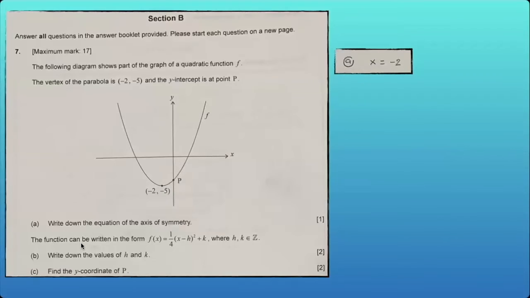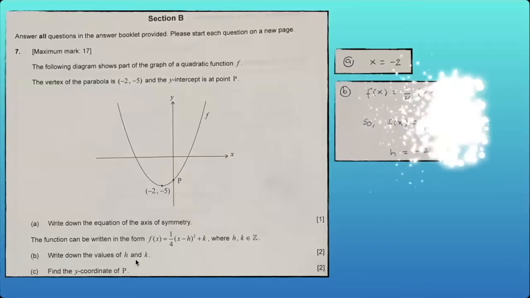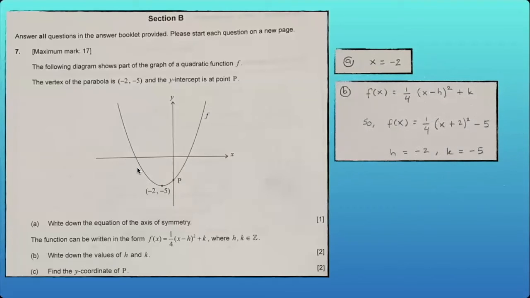Next, the function can be written in this form, where h, k is an element of integers. Write down the values of h and k. This parabola has obviously been shifted. It has been shifted by 2 units to the left and 5 units downward.